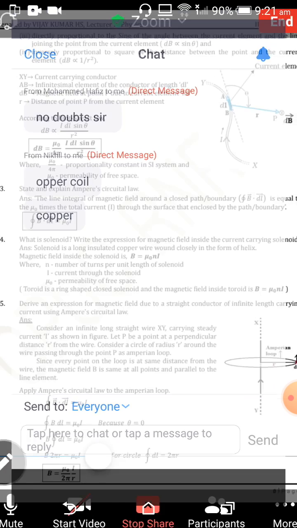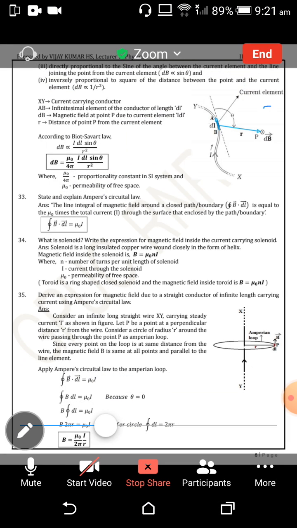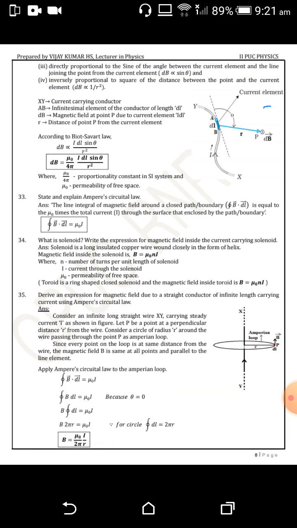Okay, Nikhil. So when you take a cylindrical core and wound the copper wire on that, that itself is called a solenoid. Next it is said: write the expression for magnetic field inside the current carrying solenoid.